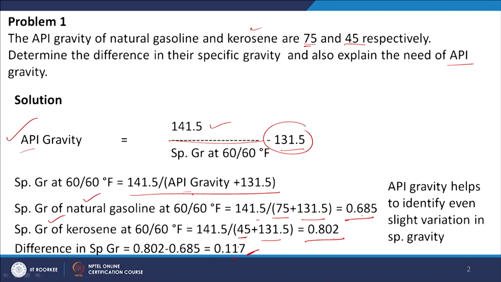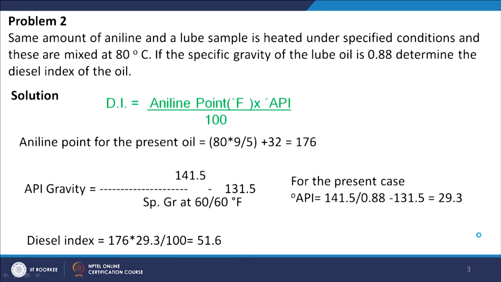Once we increase this in terms of degree API, that is a difference of 30 against 0.117, we have a better chance to isolate and identify different fuel properties which are important for certain operations. So, that is the use of the API gravity unit.